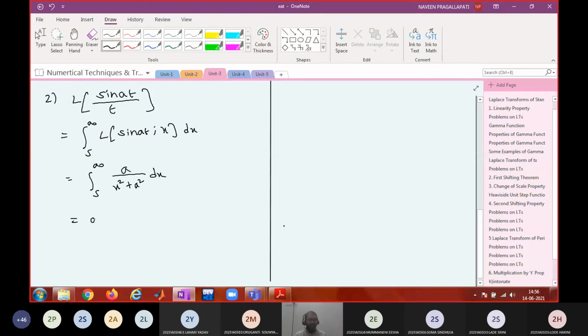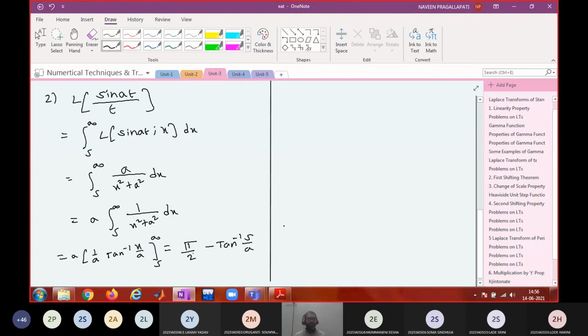So a is constant, integral from s to infinity of 1 by x squared plus a squared, dx, and its integration is 1 by a tan inverse of x by a with the limits from s to infinity. A gets cancelled. As x tends to infinity, x by a tends to infinity. That means the upper limit is going to be pi by 2 minus tan inverse of s by a.